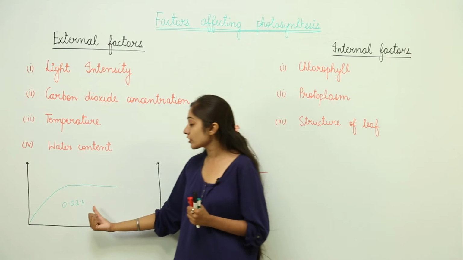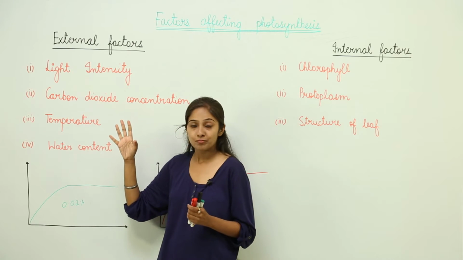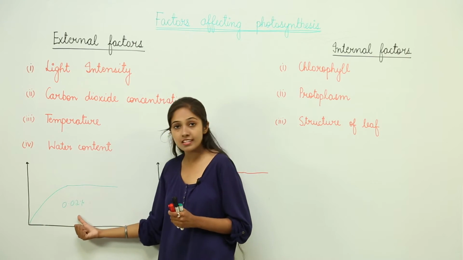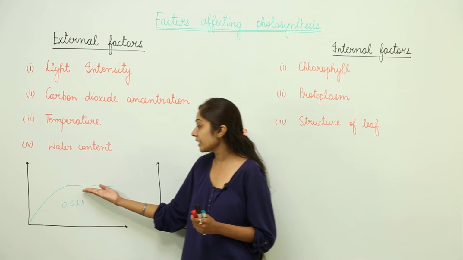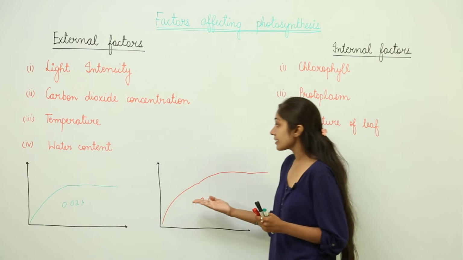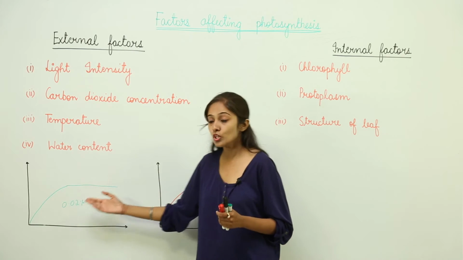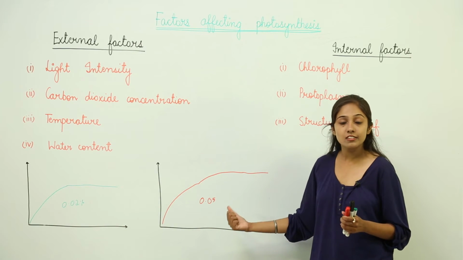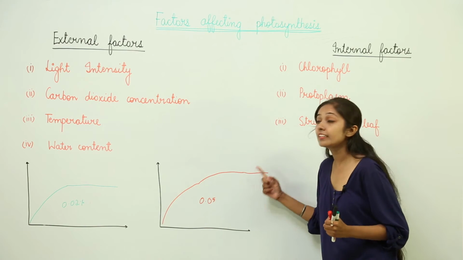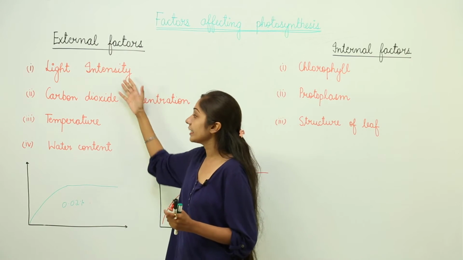At a concentration of 0.02, the light intensity is increased, the photosynthesis rate is increased, but after some time there will be stability in the rate of photosynthesis. But if the carbon dioxide concentration is increased from 0.02 to 0.05, then this is going to lead to an increase in the rate of photosynthesis, right. So, this is how both these factors are interrelated.